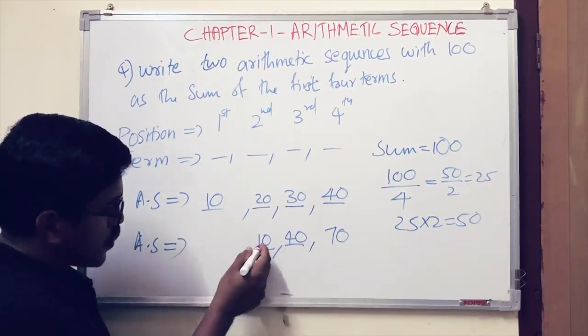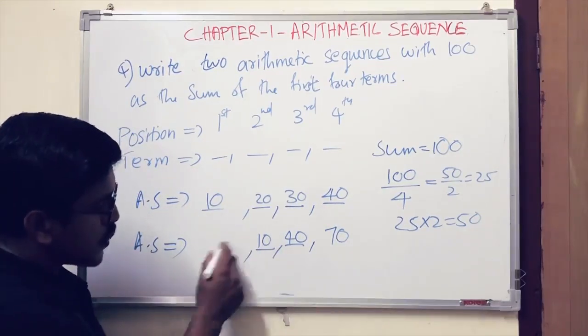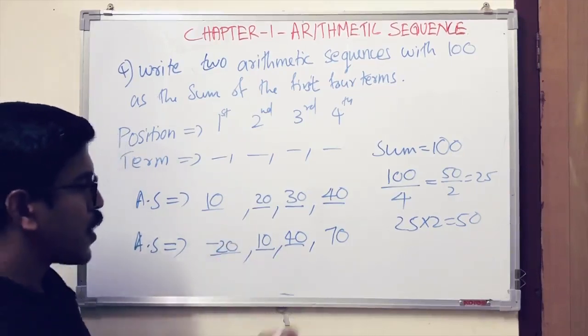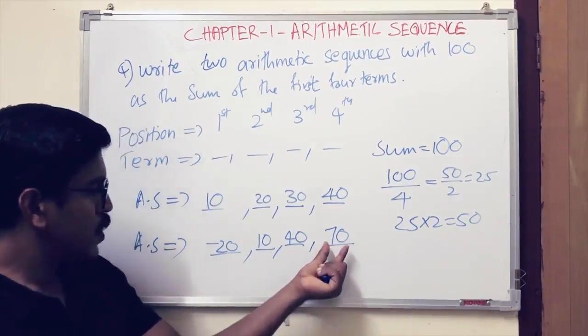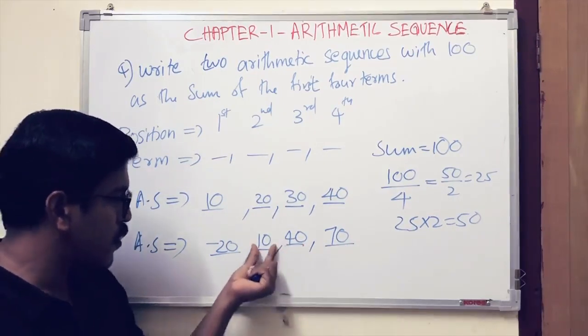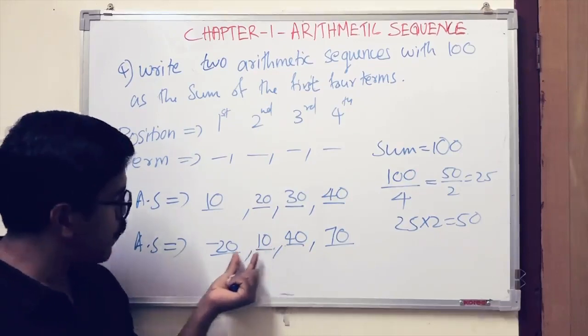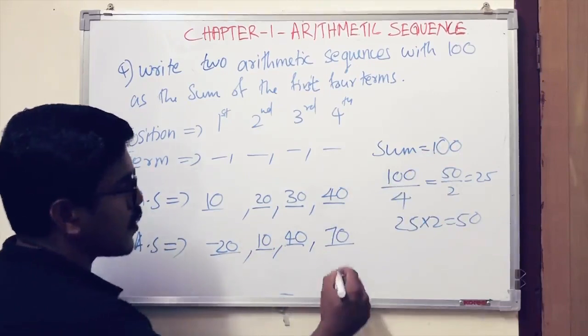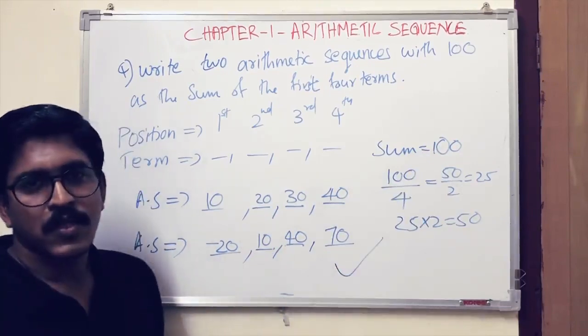So 10 minus 30, that is minus 20 will come. Now we can add all the numbers. First 70 plus 40, 110, 110 plus 10, 120, 120 plus minus 20, that is 100 will come. So in this way we can construct sequences.